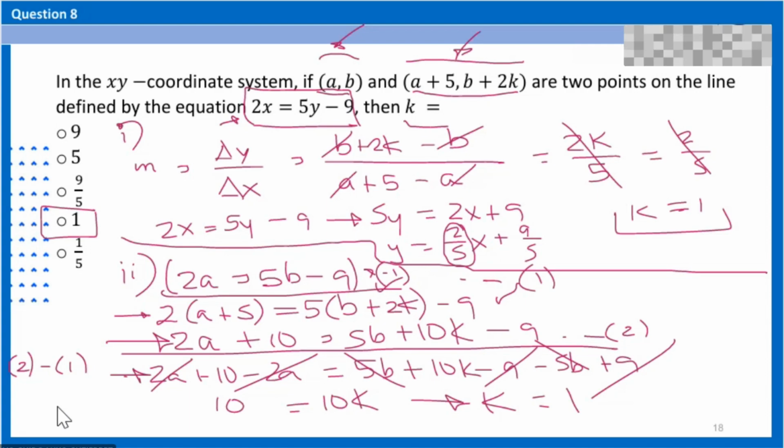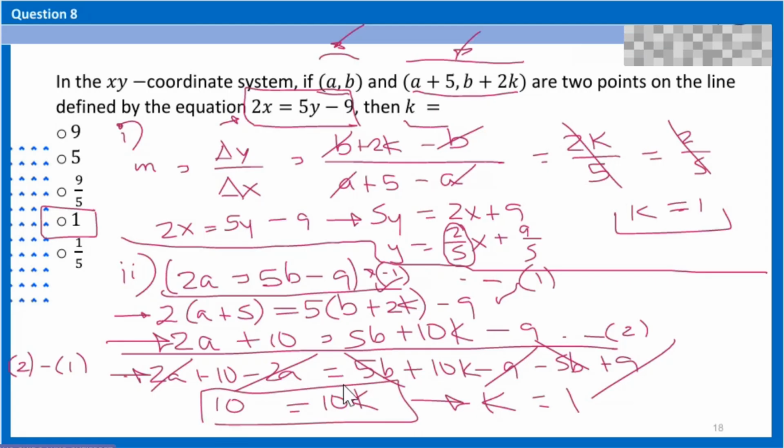Yes, we can subtract equations. Remember, that's one method, for example, for elimination. I'm applying elimination here in order to get rid of the a's and b's, whose values we don't know, and be left alone with k, which is what I want to find out. Okay, so that was it.